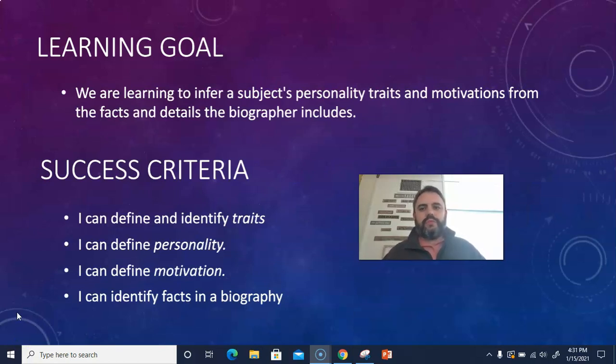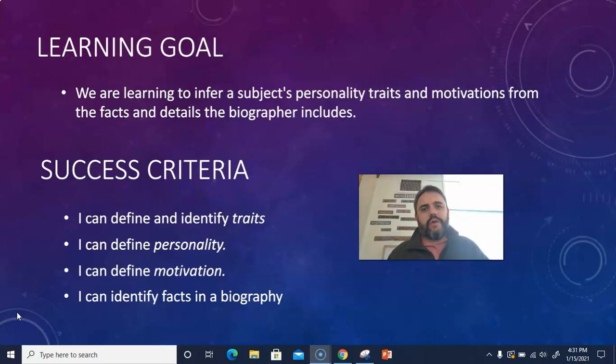Our learning goal is that we are learning to infer a subject's personality traits and, big word time, motivations from the facts and details the biographer includes. Okay? We have some things that can help guide us, let us know we're on the right track. Those are our success criteria.